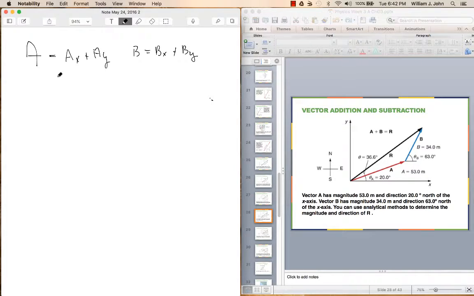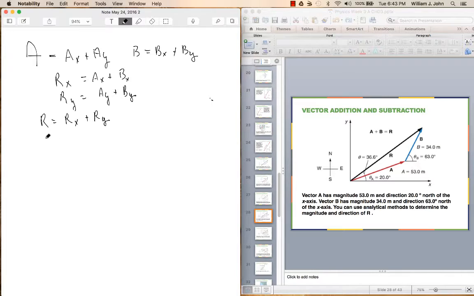And so we can say that RX, which is the X component of this resultant, is going to be AX plus BX, and RY is equal to AY plus BY. And then finally, we know that R is going to be RX plus RY. Okay?